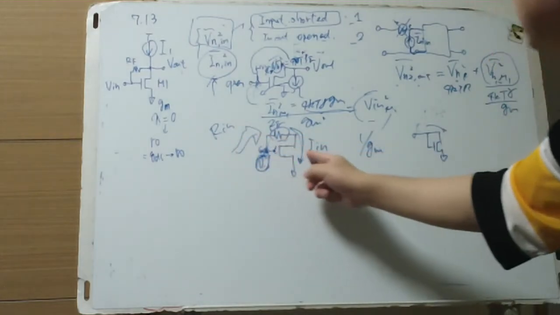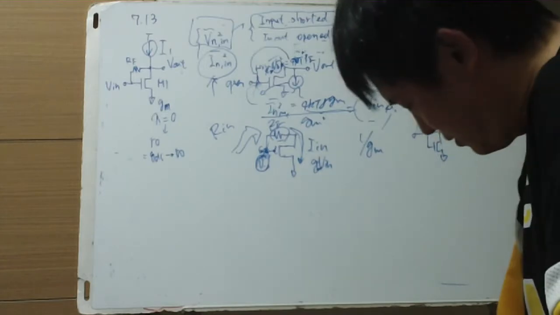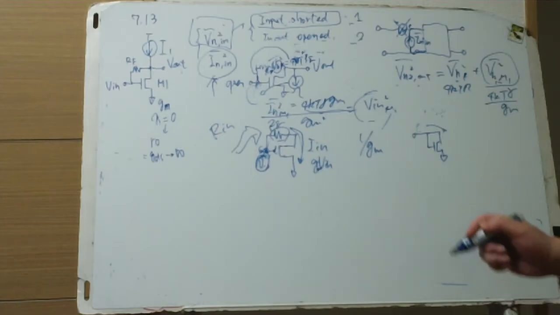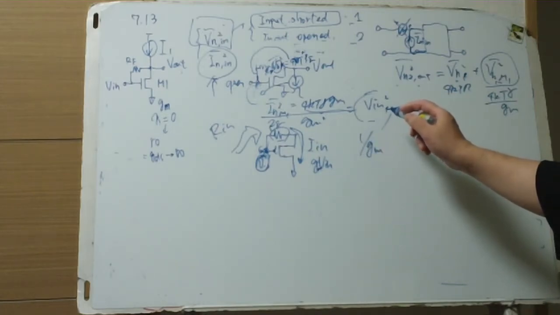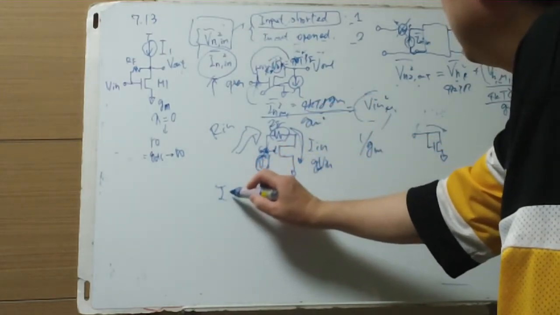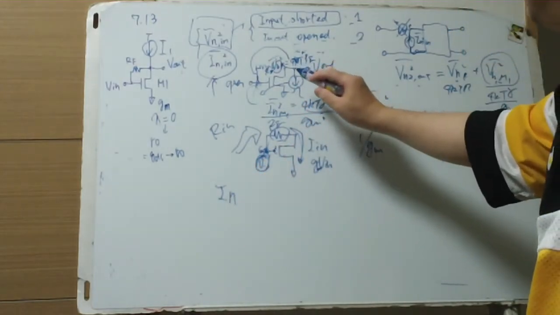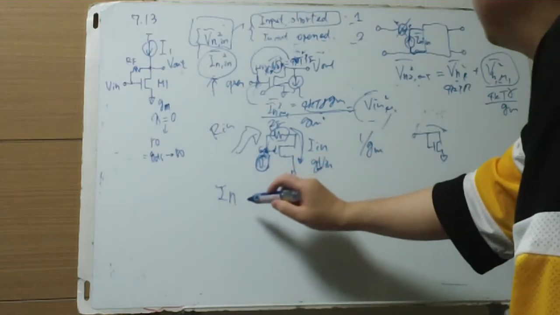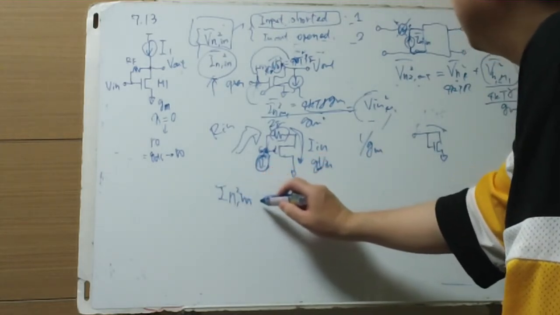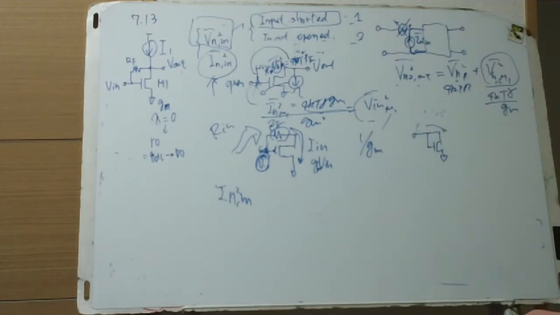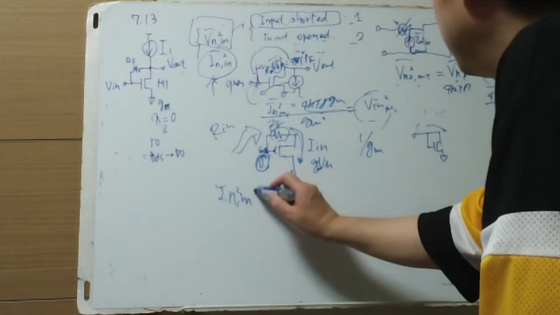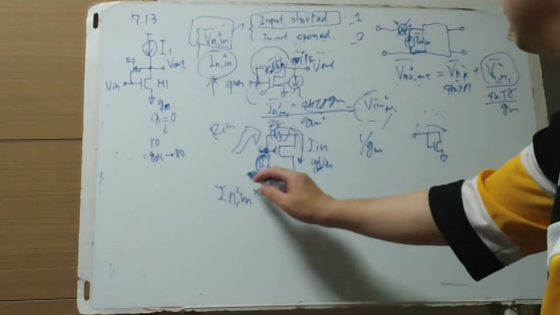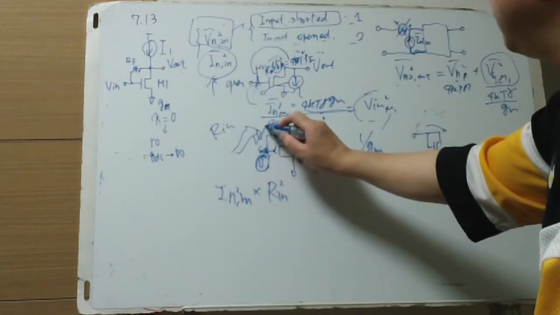So R in, we know, is very easy, and I in we know. I n in squared times R in squared is a voltage drop, which is Vx.